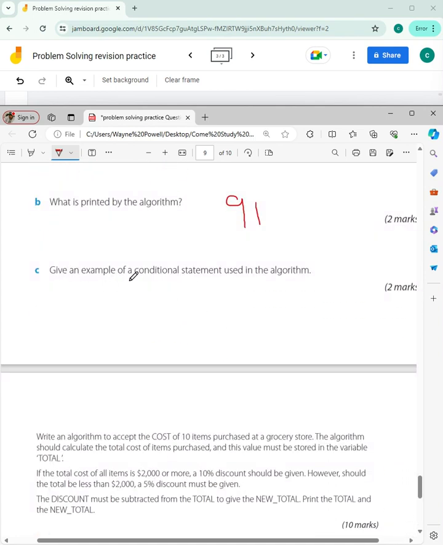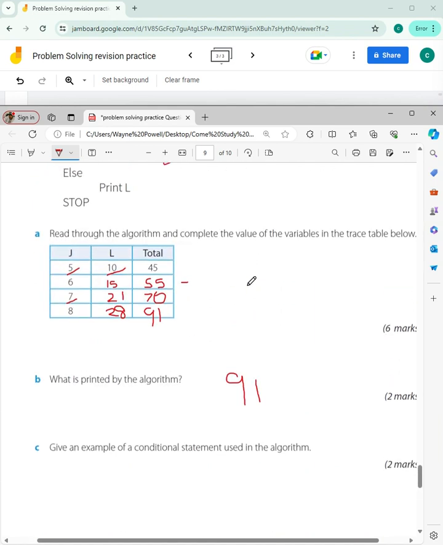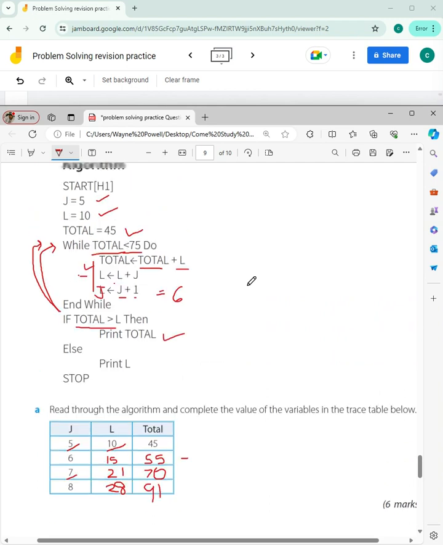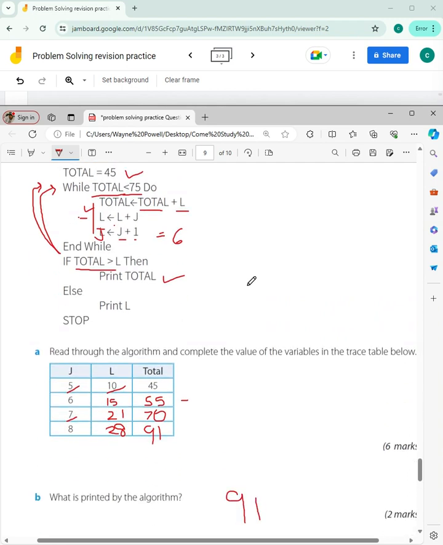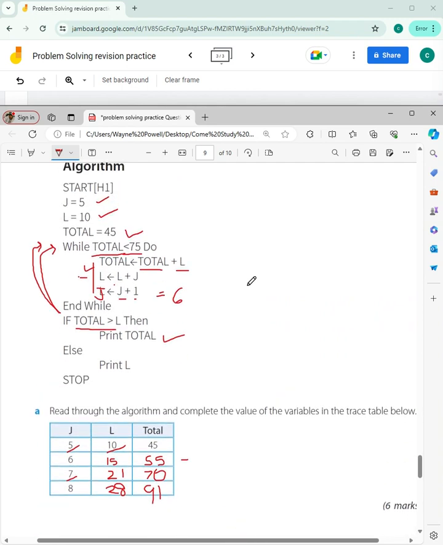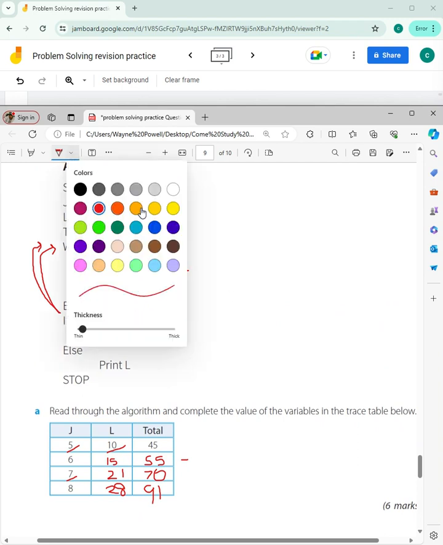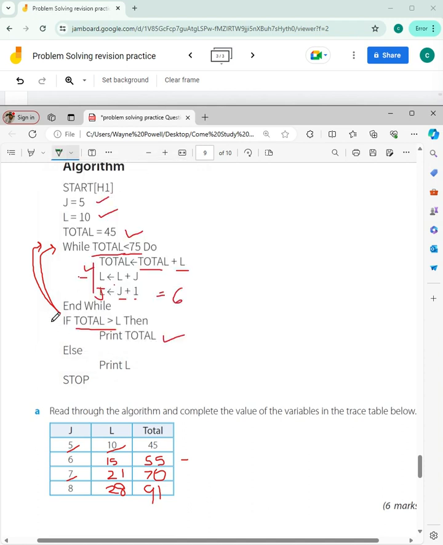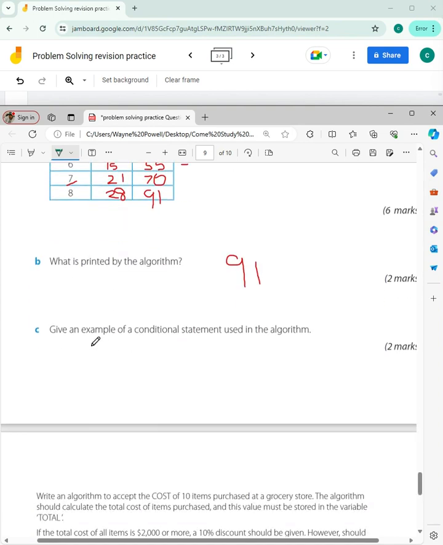Give an example of a conditional statement used in the algorithm. So we look back at the algorithm. What is the conditional statement we saw? Conditional will give you options. Remember, if, then, else. So the conditional statement that we're seeing in this example is this part. If, then, else. That's the conditional statement.